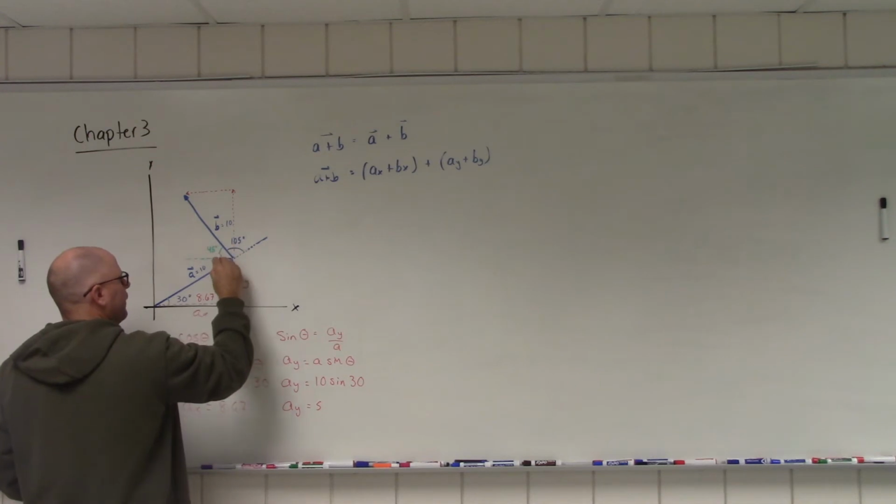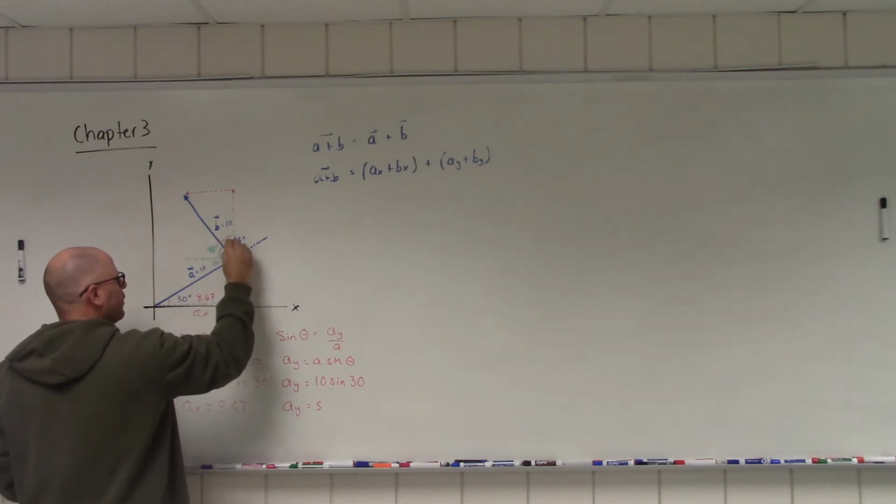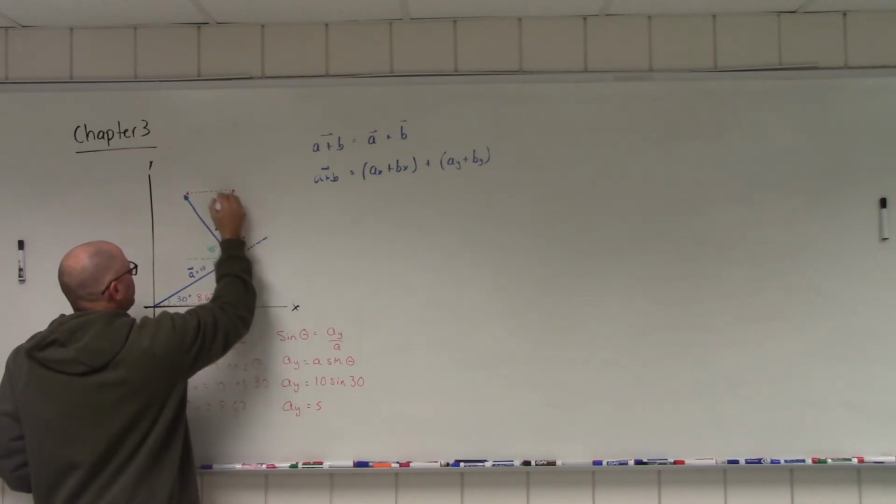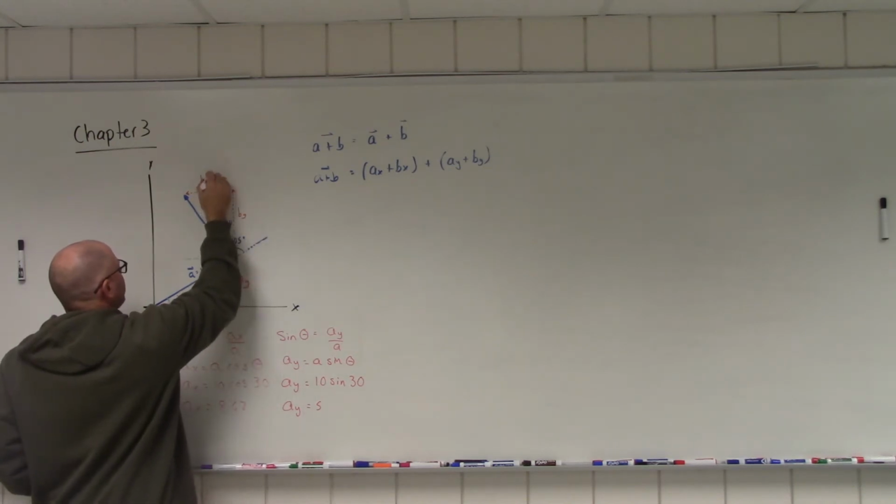So if this is 45 and this is 90, this is also a 45-degree angle, which is cool. So this is B in the y direction, this is B in the x direction.